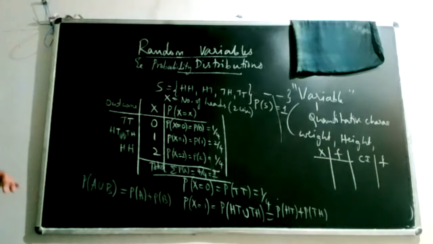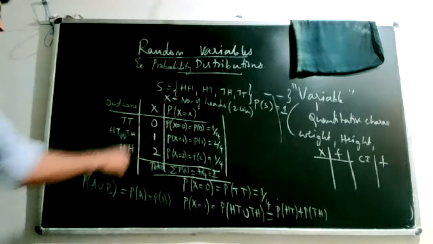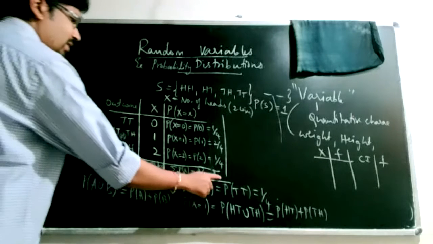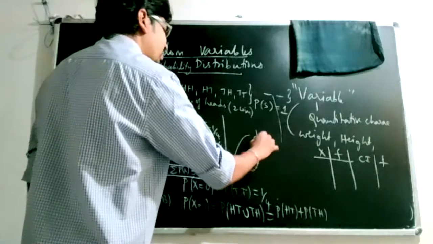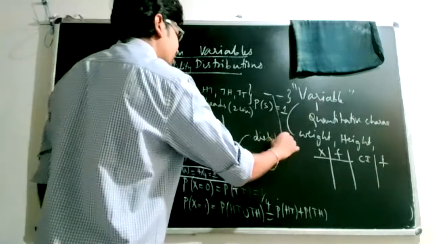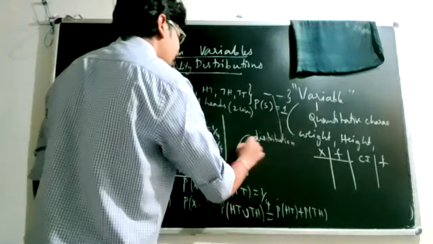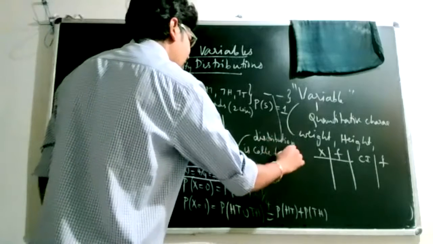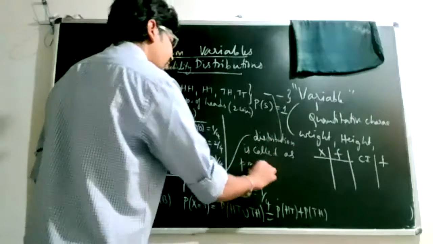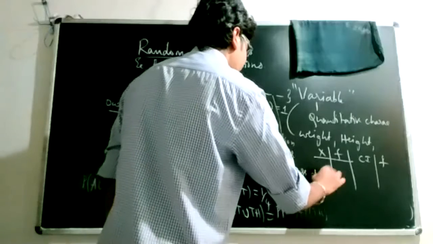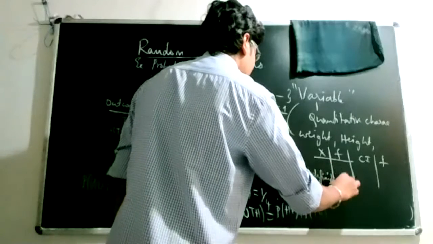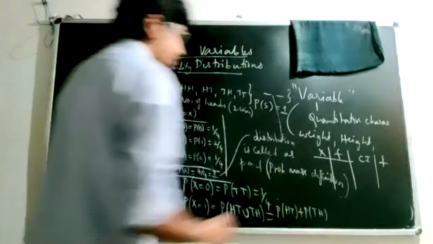So if you're talking about any probability distribution of a discrete variable such that the total probability is coming to 1, then that probability distribution is called a PMF, which is probability mass function. So that's an important definition here. You could ask, what is a probability mass function?